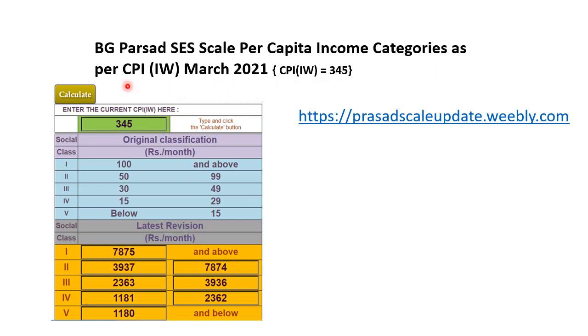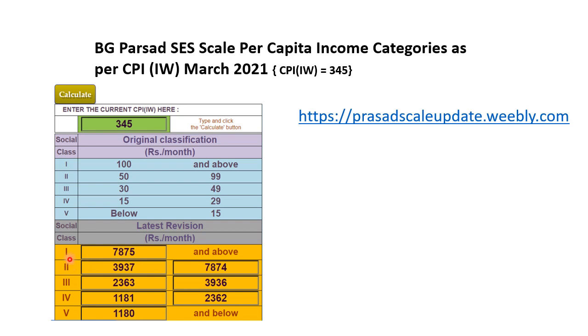So as per the consumer price index of March 2021, which we have already discussed in earlier slide that it is 345. So using this consumer price index, the various categories are like if the per capita income is more than 7,875, so it is social class 1.